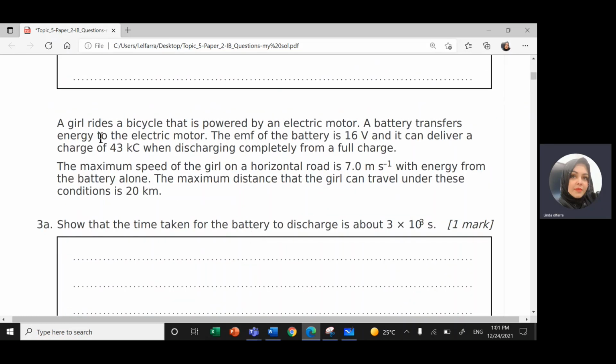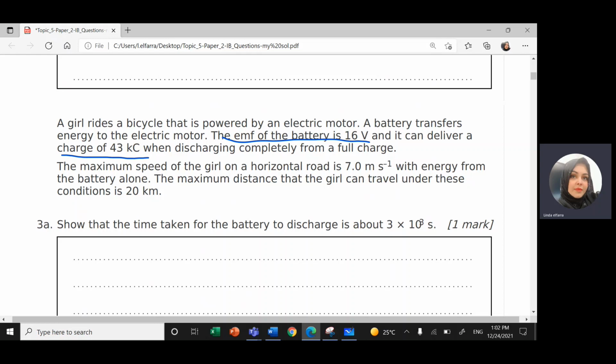We have a girl who rides a bicycle that is powered by an electric motor. A battery transfers energy to the electric motor. The electromotive force of the battery is 16 volt, and it delivers a charge of 43 kilocoulomb.